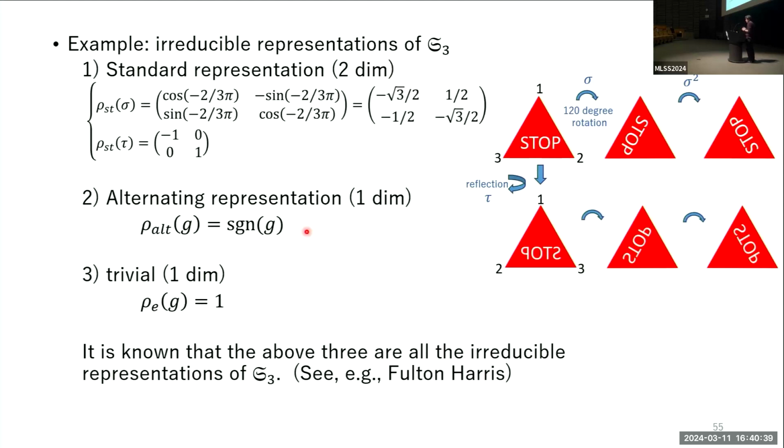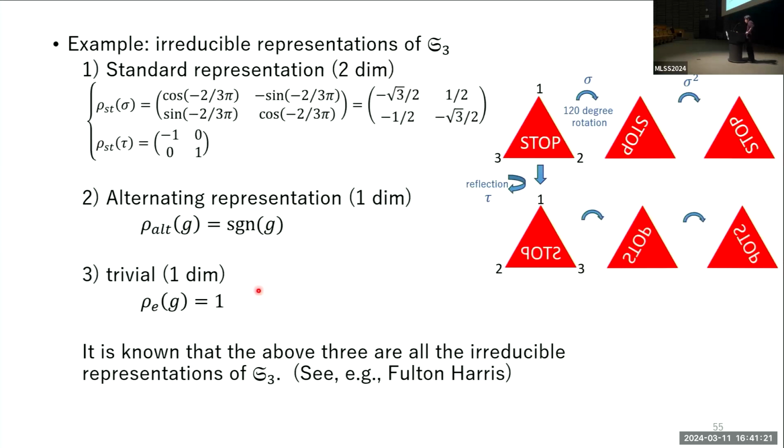And if this is even, we assign +1. And it is known that a reflection, because a reflection is a swap of two elements, has the value -1. So if we have a reflection, then this is -1. If we don't use a reflection, then this is +1. And it is easy to see that this gives a group representation by definition. And this is called the alternating representation.